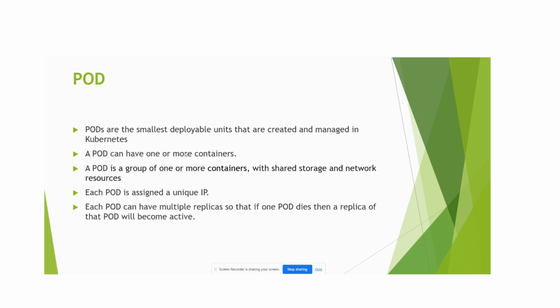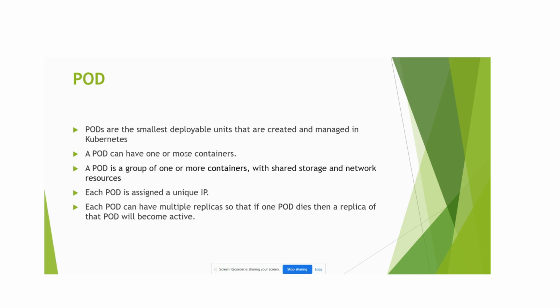Now pods. Before going to the architecture of Kubernetes and its components, we will talk about pods, because I will be using this term very much in the coming slides. You can consider a pod as a bundle: inside a pod you will have the containers. Inside a pod you can have one or more than one container.